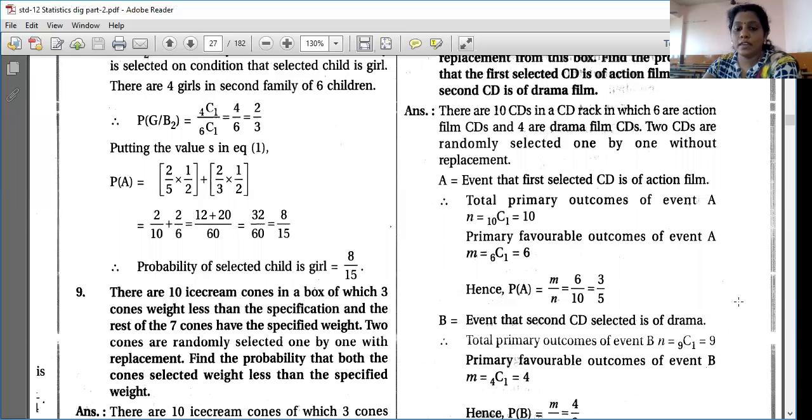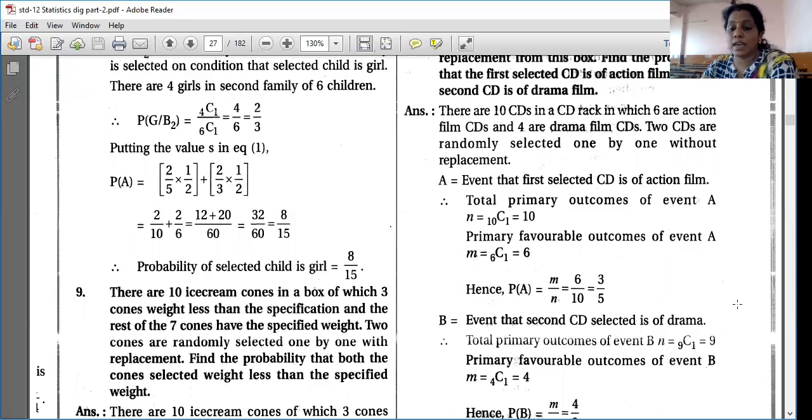Next event that the selected CD is of drama film. Okay, drama CD. So what will be the total outcome, that is n? 9C1. Without replacement means the selected CDs cannot be selected again.